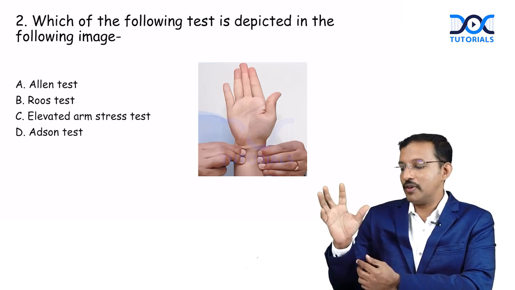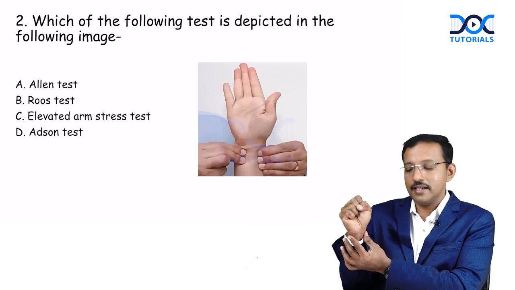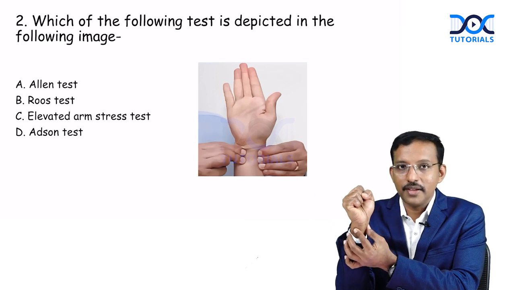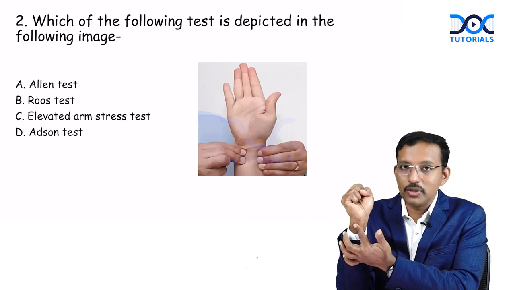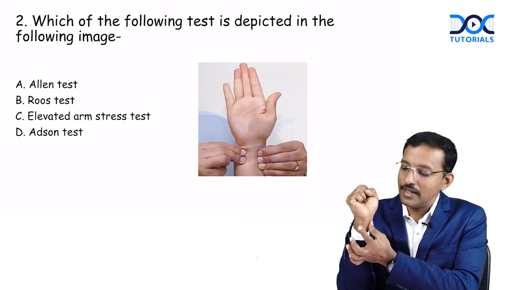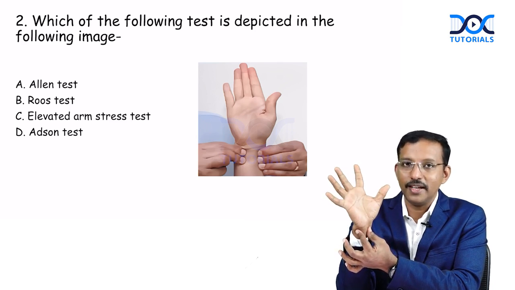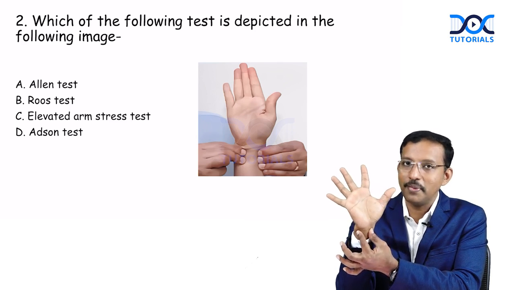In Allen's test, what we do is we clench the hand, occlude or exsanguinate the palm, then occlude both the radial as well as the ulnar, and then slowly release the hand. While releasing, you can see that it has become pale.